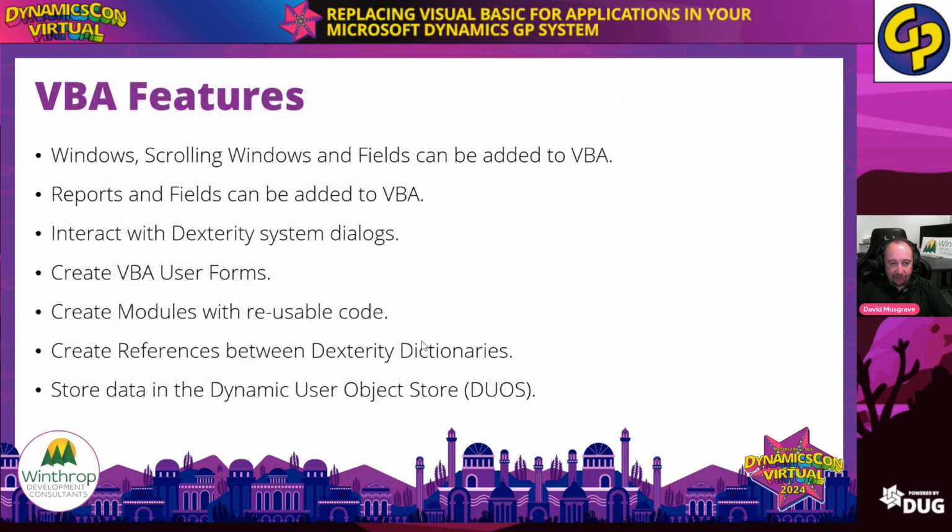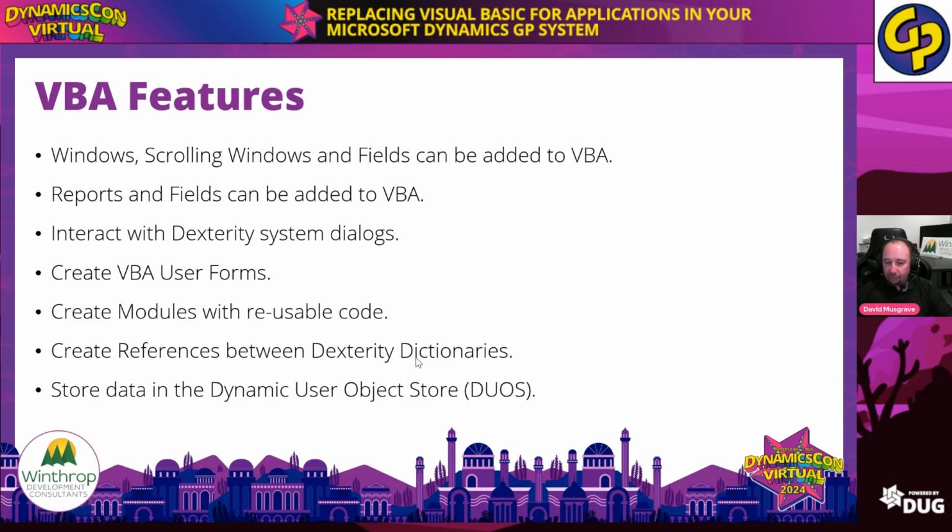VBA allows you to add windows, scrolling windows, and fields to VBA, and reports and fields can be added to VBA. It does allow you to interact with system dialogues, which is actually something that Dexterity natively cannot do. It allows you to create user forms if you need to create an extra form. You can create modules with reusable code, which can then be called from elsewhere.